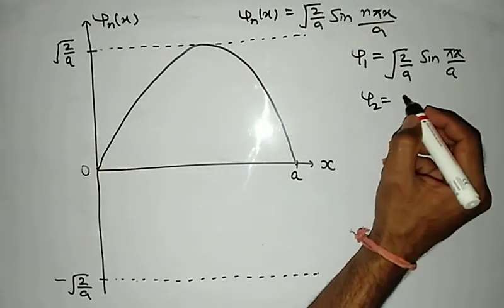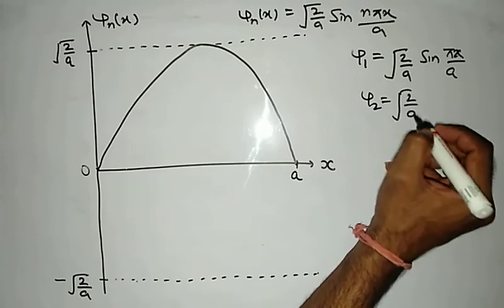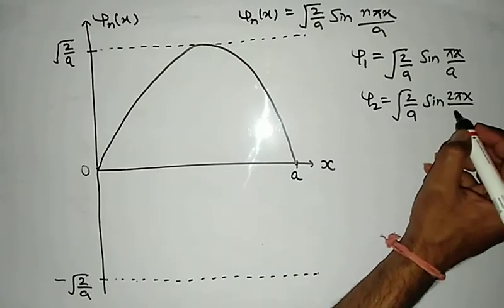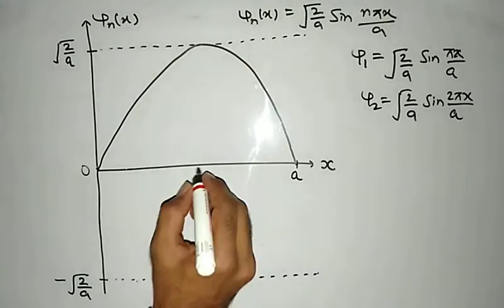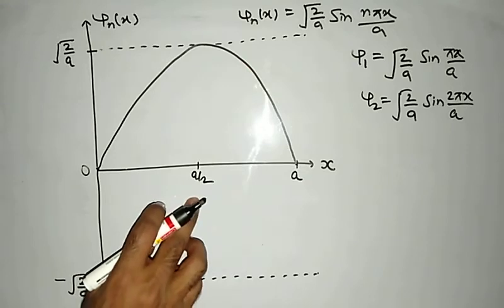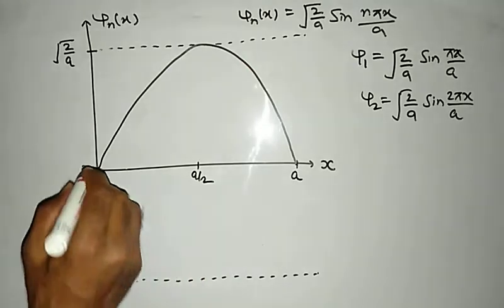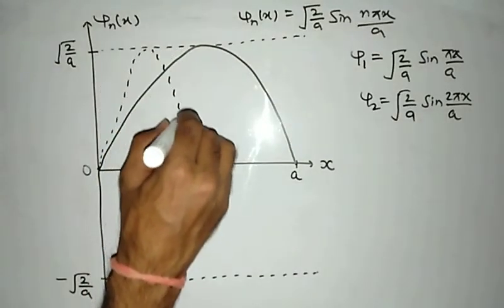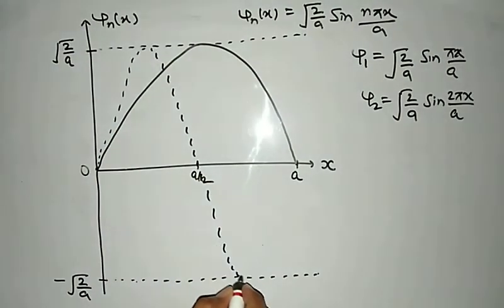After that, for psi 2, under root 2 by a sin(2 pi x by a). Here the midpoint is a by 2, so we can form it like this. This is for psi 2.